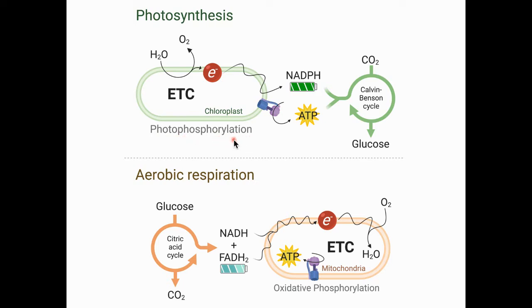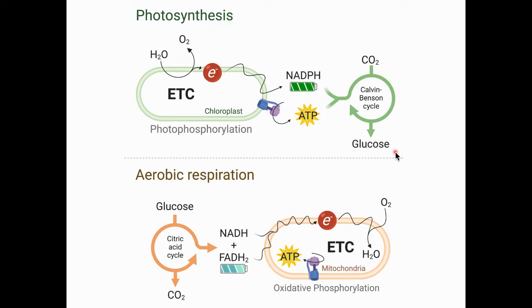Phosphorylation just means adding a phosphate to ADP. Photo means light, so by the process of light, you make ATP. So these two products will get into the Calvin-Benson cycle in order to assimilate carbon dioxide, and you get glucose as the product.